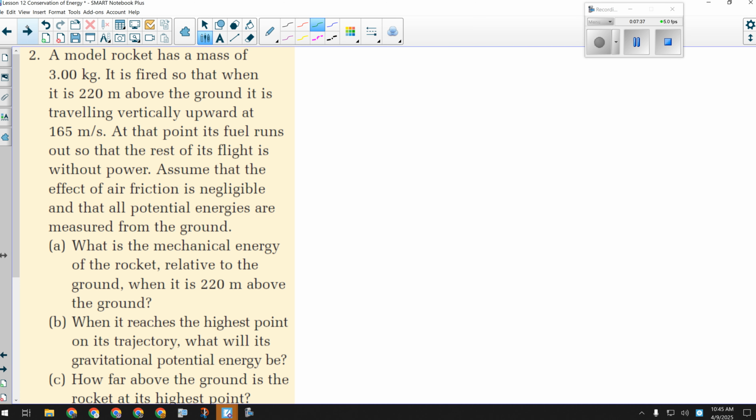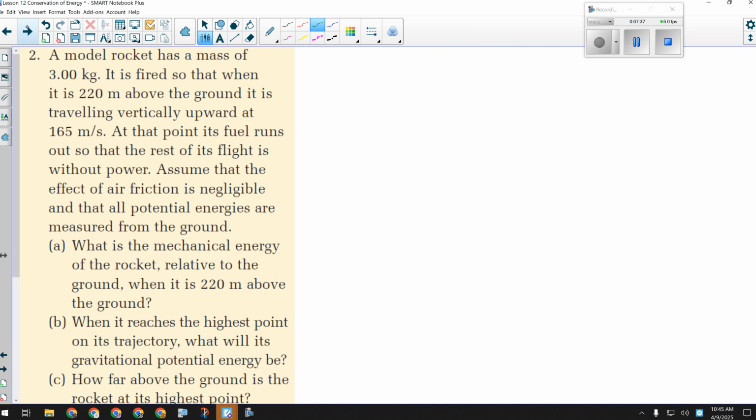Okay. Model rocket. The mass of the model rocket is 3 kilograms, and it's fired so that when it is 220 meters above the ground, it is traveling vertically upward, so straight up, at 165 meters per second. At that point, the fuel runs out. So that means no more work is being done after that point, right? The rocket engine can do work, but once its fuel runs out, this becomes a conservation of energy question.